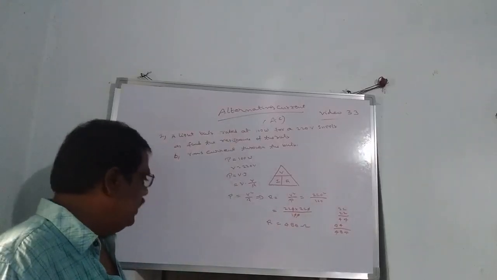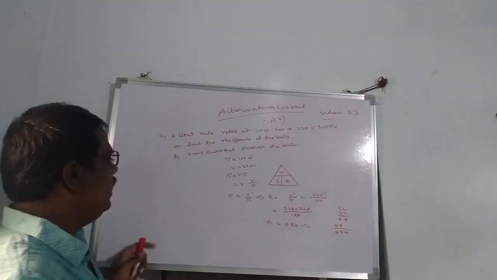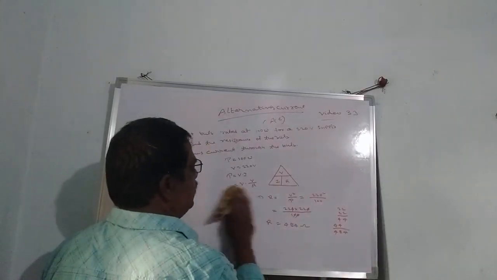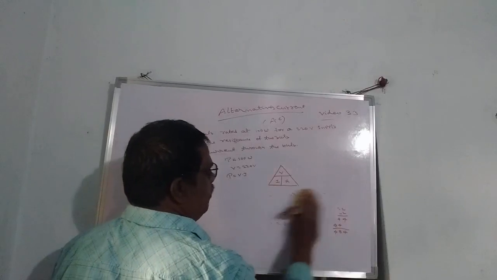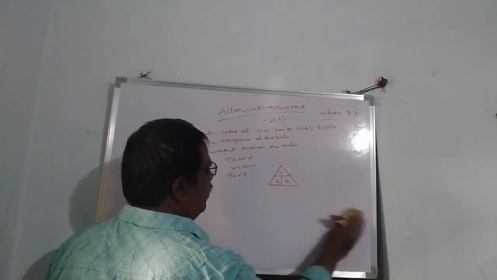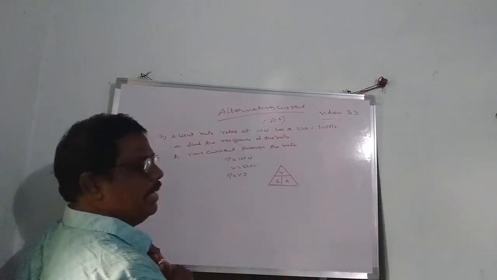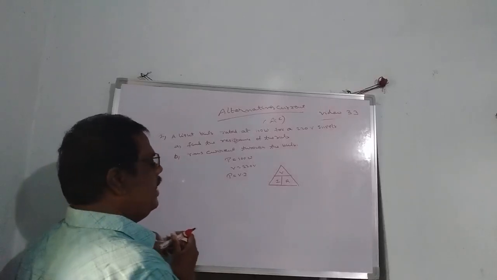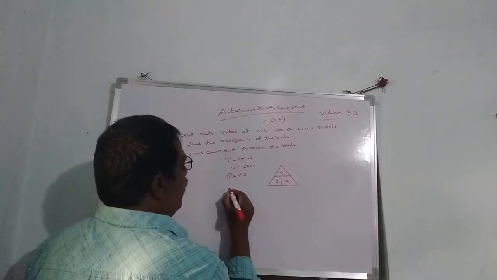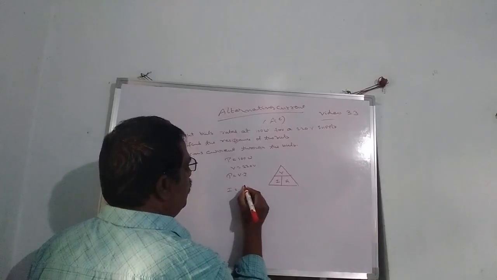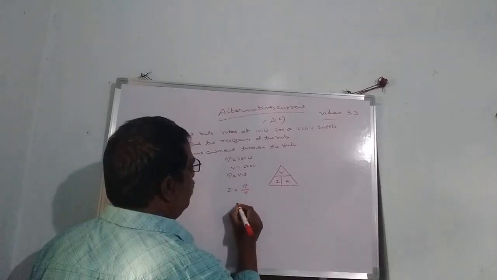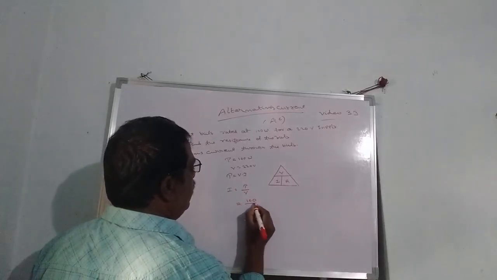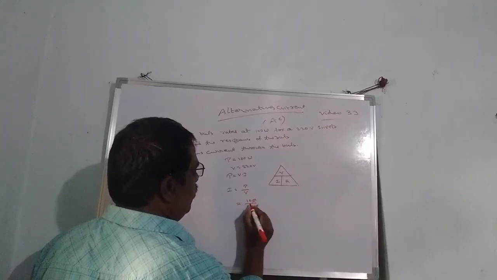Then what is the second, B case? How do we find the B case? RMS current through the bulb. Generally power is nothing but V dot I. Then current I is equal to P by V. The P value they have given is 100, V value is 220.